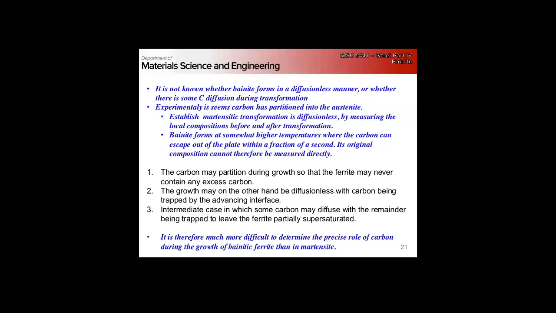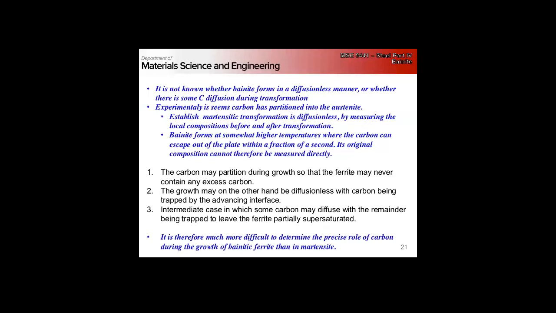Basically, we don't know if in the formation of the individual subunit we have carbon partitioning or not. So you have the lath that forms, and then we know we have partitioning of the carbon after the lath forms. That's what forms the carbides. But we don't know if there's also partitioning that occurs during the growth, right?